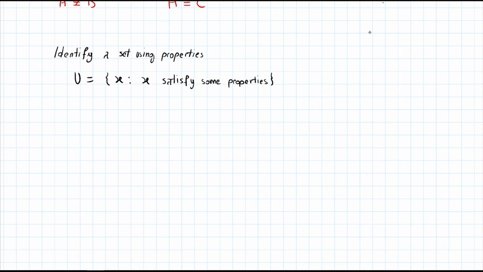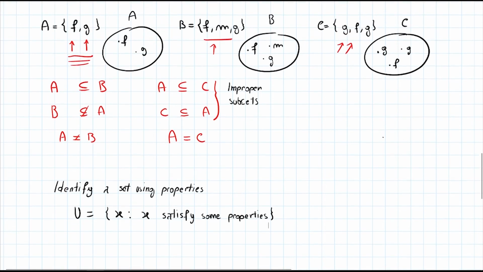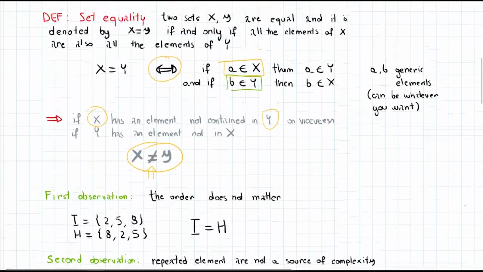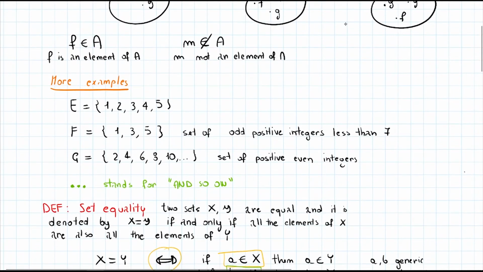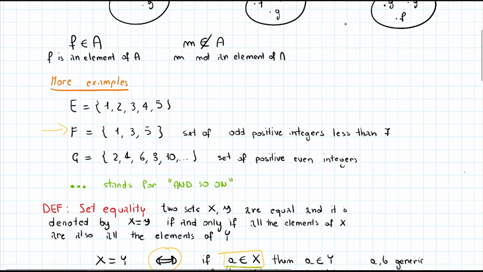We have already defined sets by means of property, and in fact, here F and G are sets where the first one, F, is the set where the first property is that they must be odd positive integers, and the second property is that all the elements must be less than 7. Meanwhile, for the set G, the property is that we have to have only positive even integers.